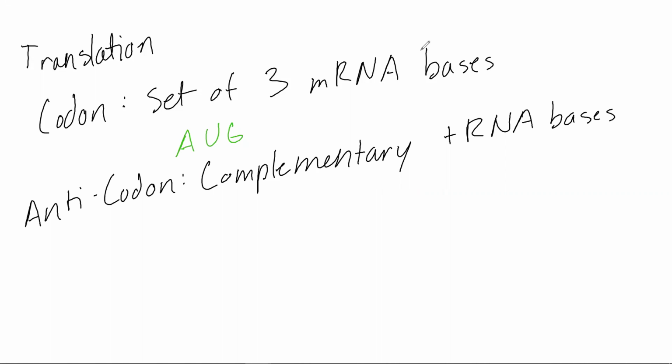To figure out what the complementary bases are, it's similar to transcribing DNA, right? So in the same way I would transcribe DNA, I will take AUG and convert it into an anticodon. A binds to T, but T doesn't exist in mRNA, so I'm going to put U. U binds to A, G binds to C. That would be the anticodon of AUG. The anticodon we will deal with later, right?